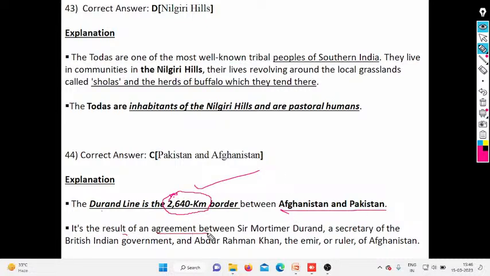It is the result of an agreement between Sir Mortimer Durand, Secretary of the British Indian Government, and Abdur Rahman Khan, the Emir and ruler of Afghanistan.